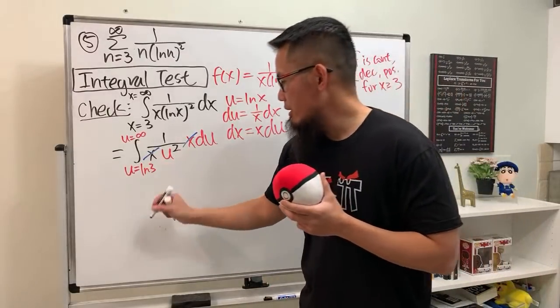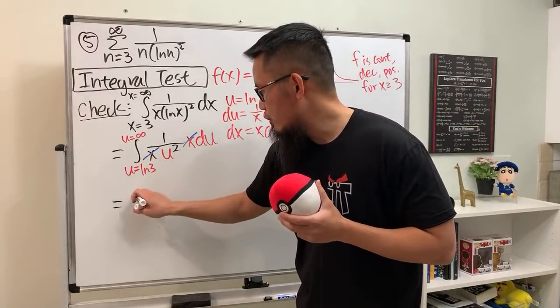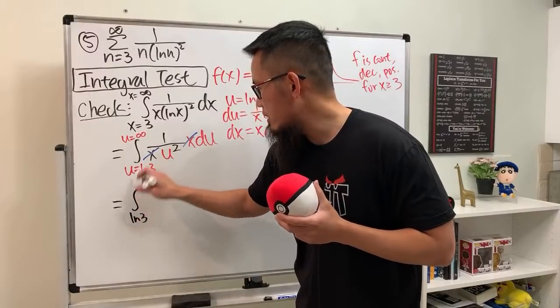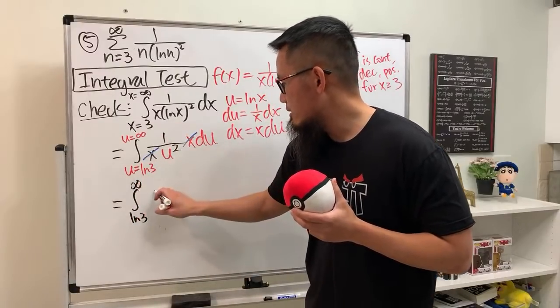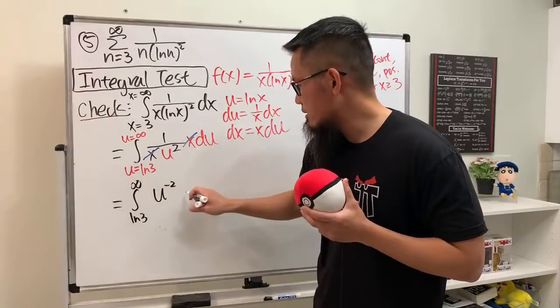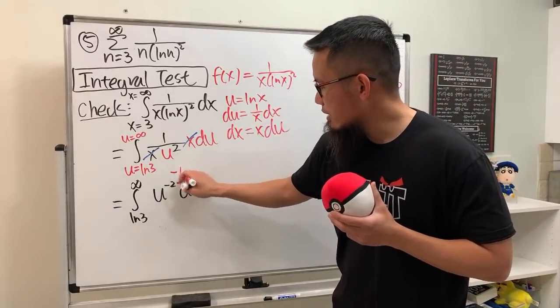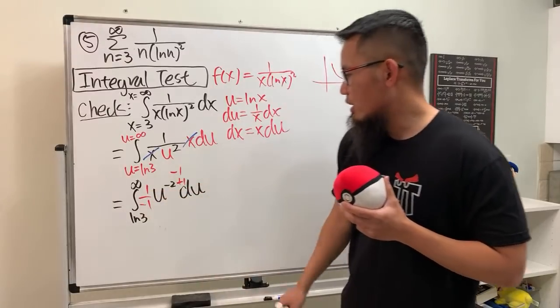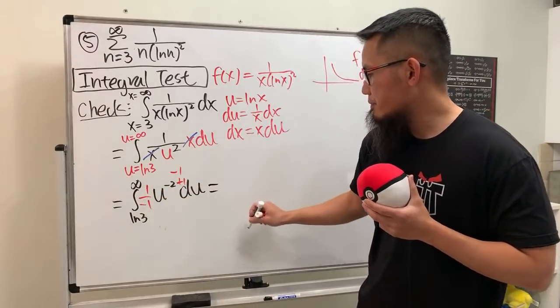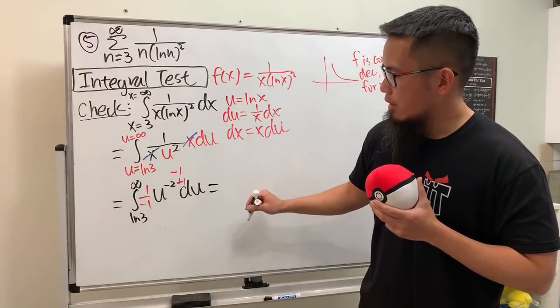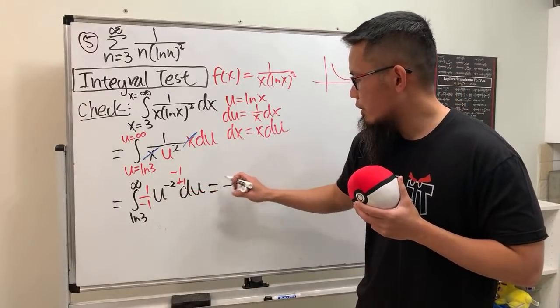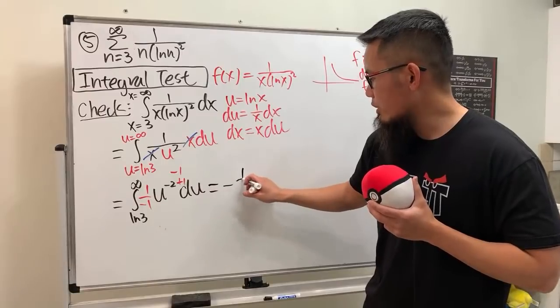All right, so integrate this. Again, we finish everything in the u world, so I'll just put ln 3 and then infinity. Look at this as u to the negative 2, and this is du. Add 1 to the power, this is negative 1, so divided by that. So it looks like we have negative u to the negative 1, which is just negative 1 over u like this.